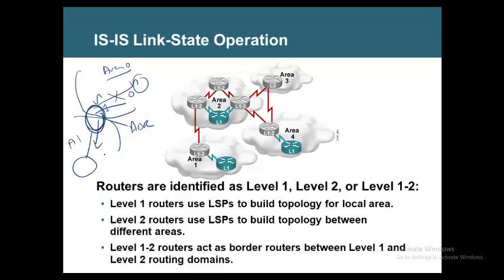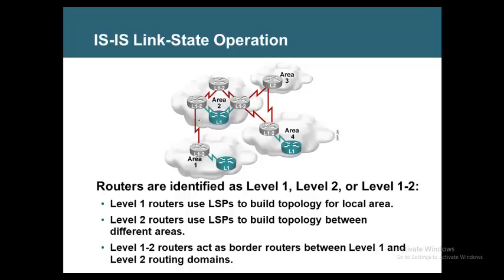Whereas ISIS can form neighbor when the area ID is different. You see, this port is in area 1. The other end of the wire connecting port is in area 2.